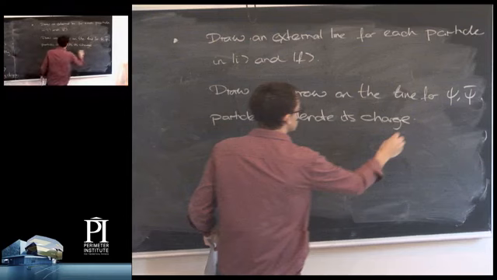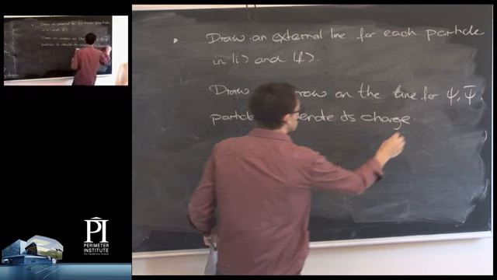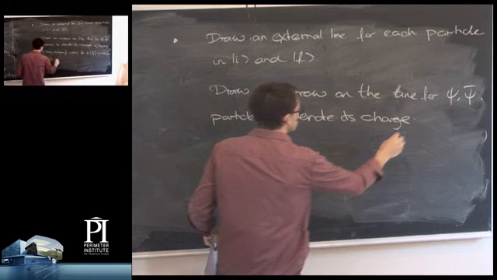We just need a choice for this. The choice we're going to take is that if we have psi particles in the initial state, we're going to draw the arrows coming into the diagram. If we have psi bar particles in the initial state, the other way. This is just a convention. Choose incoming or respectively outgoing arrows for psi, respectively psi bar particles in the initial state, and the opposite for the final state.